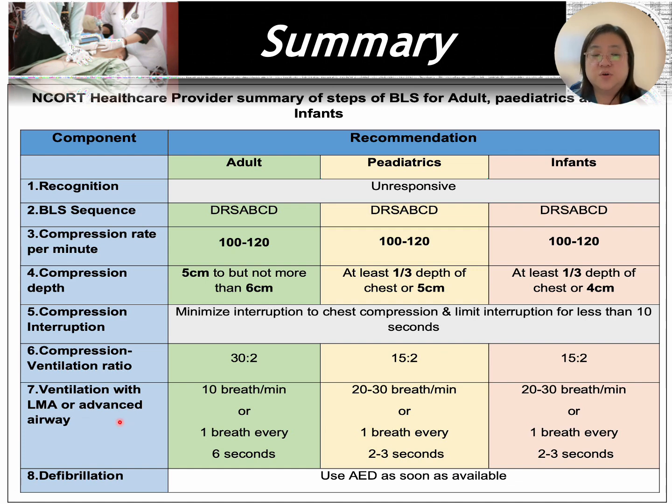For adult, those already intubated with LMA or advanced airway, you can give 1 breath every 6 seconds. For pediatric and infant, 1 breath every 2 to 3 seconds. All three require AED as soon as available.